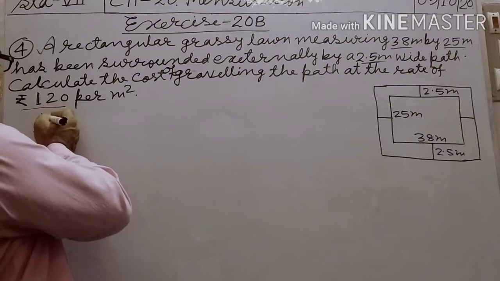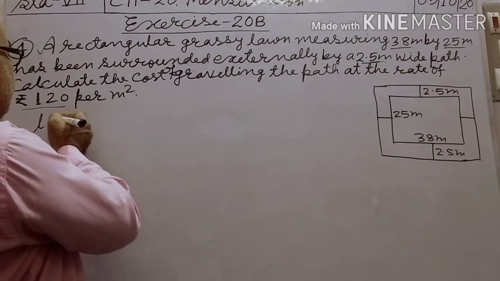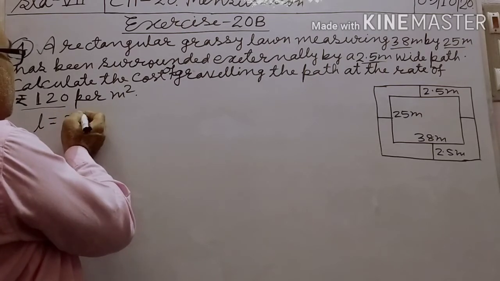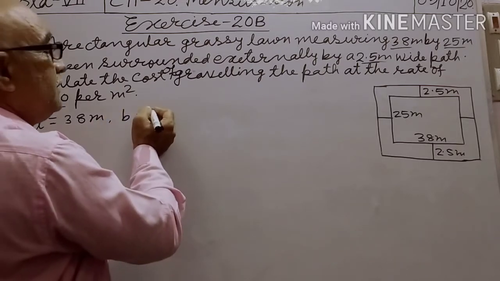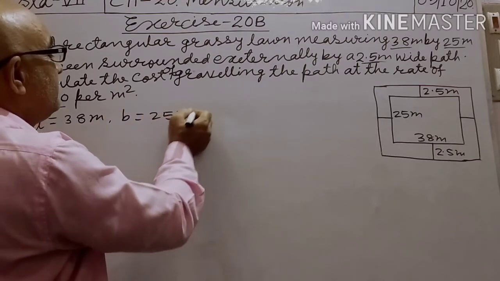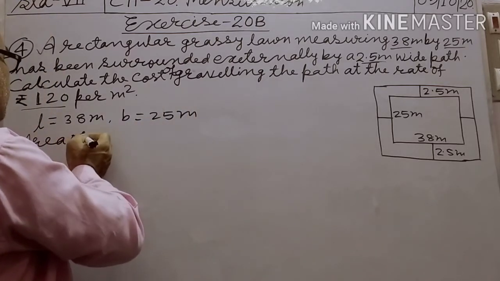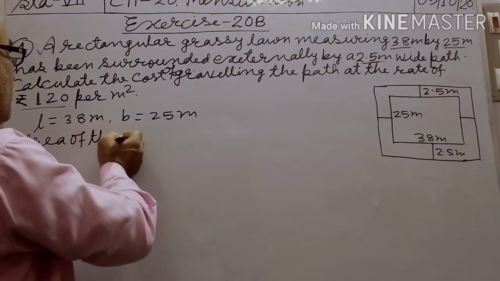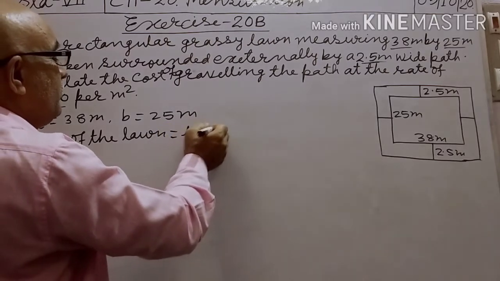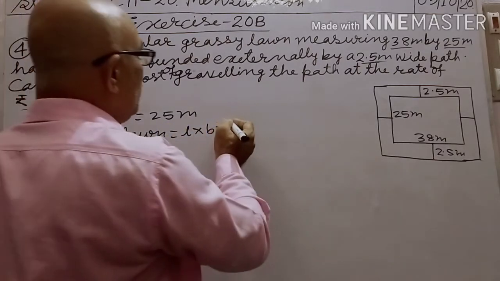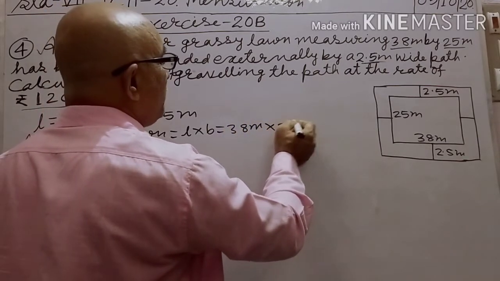So given, length of rectangular grassy lawn is 38 meter, breadth is 25 meter. So area of the lawn equal to L into B, equal to 38 meter into 25 meter.